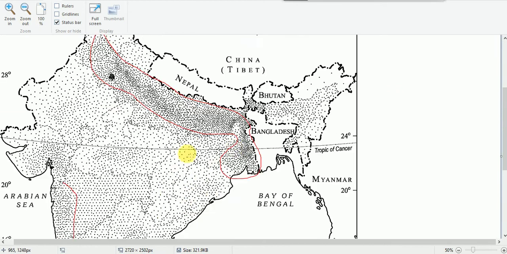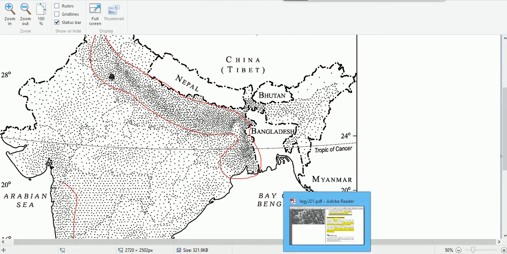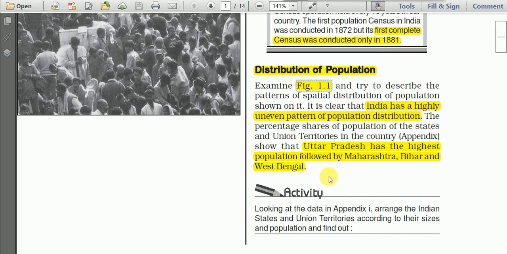Now let us go to the text. It is clear from this map that India has a highly uneven pattern of population distribution. The distribution of population is not uniform in India. In some areas we find more people, in other areas we find fewer people.